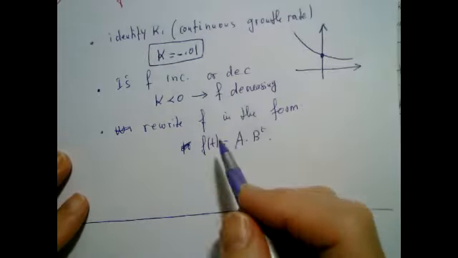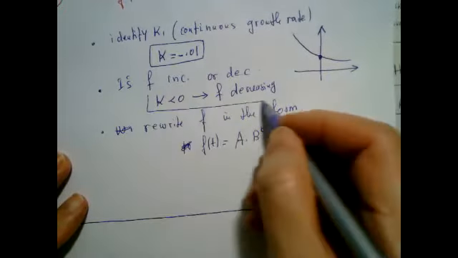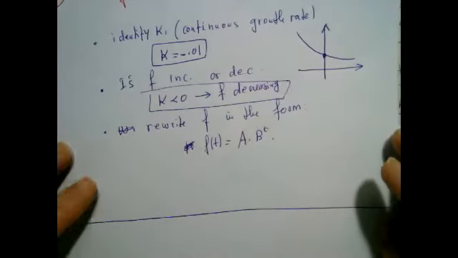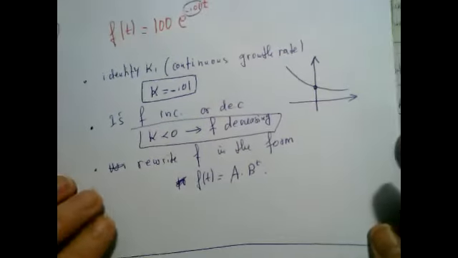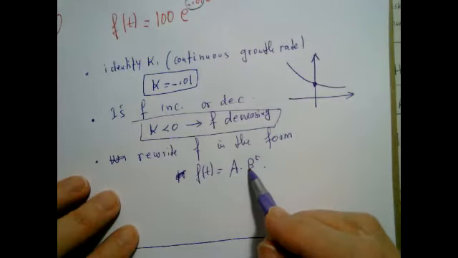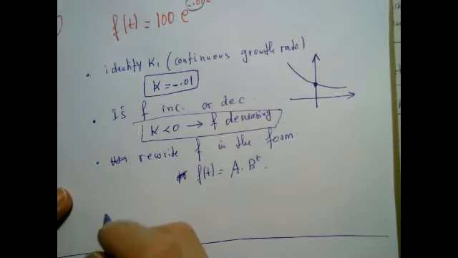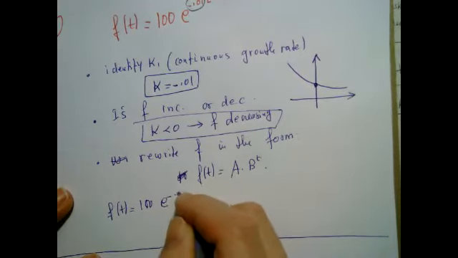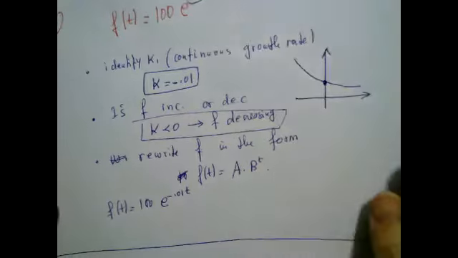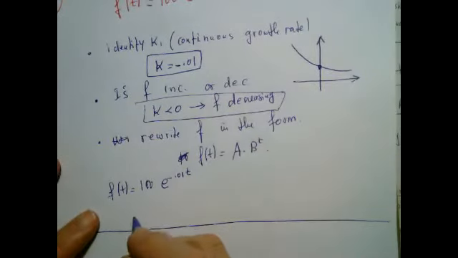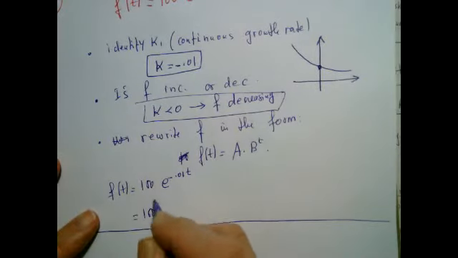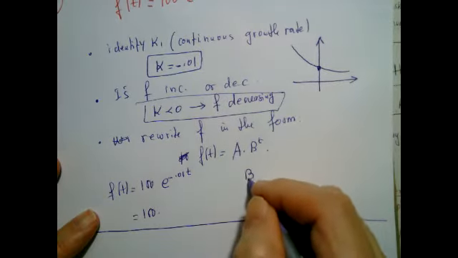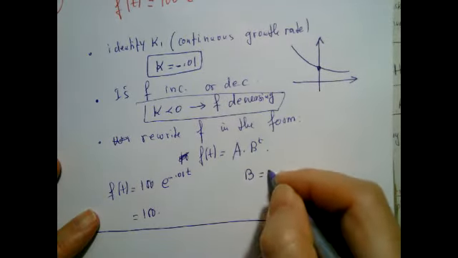The last part, I want you to write in the form a times b to the t. So here we have to remember the relationship between b and k. f of t is equal to 100 e to the minus 0.01 t. I want to write it in this format. The a remains the same, but what's the b? The b is e to the k.